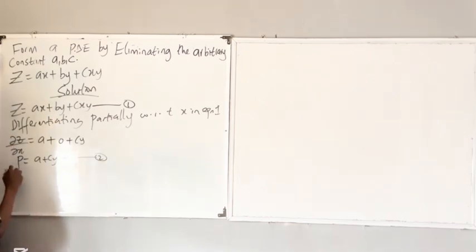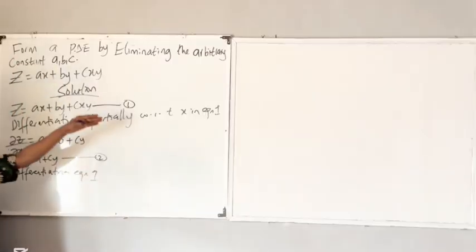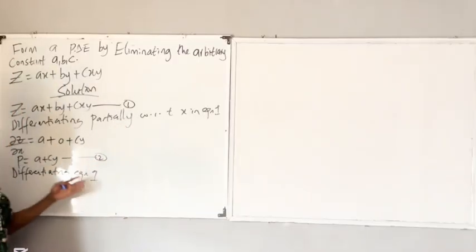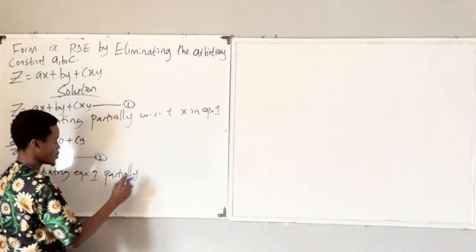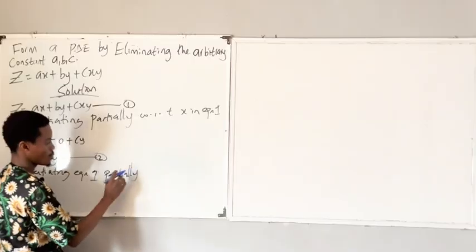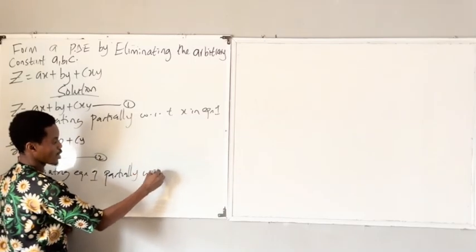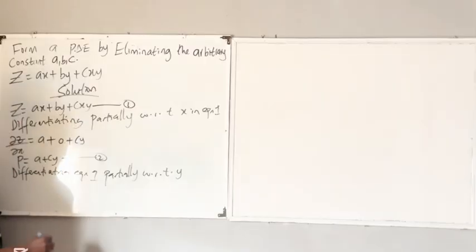So let me differentiate equation 1 partially with respect to y as well. If I differentiate z, I'm going to have the partial z over the partial y.